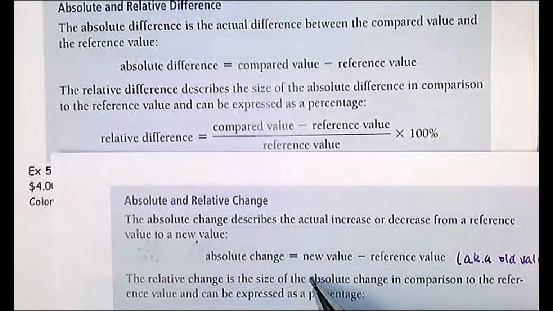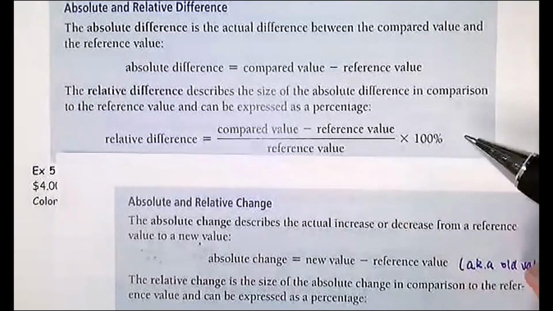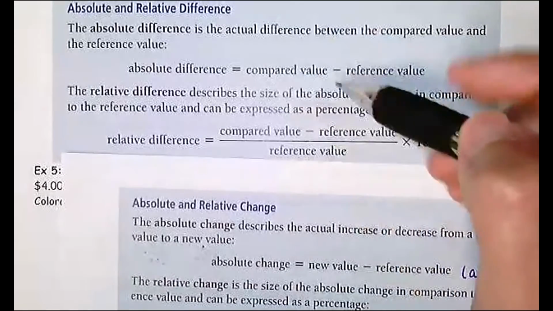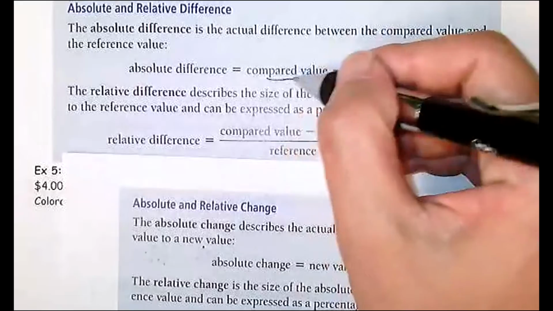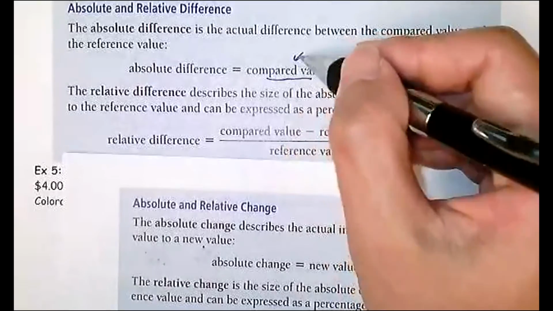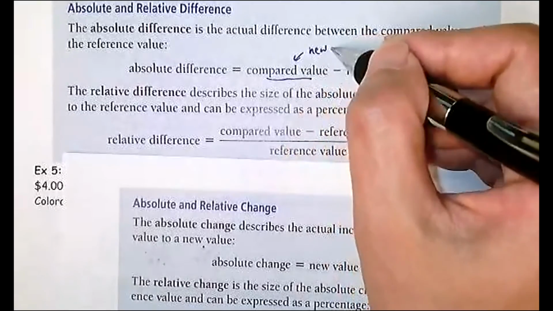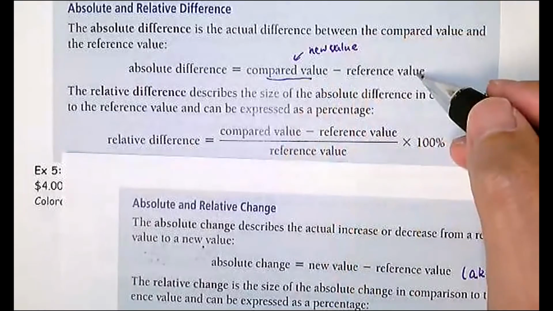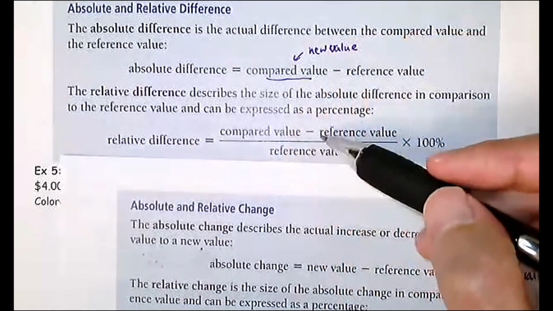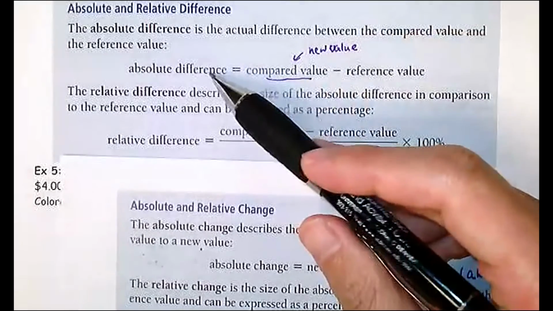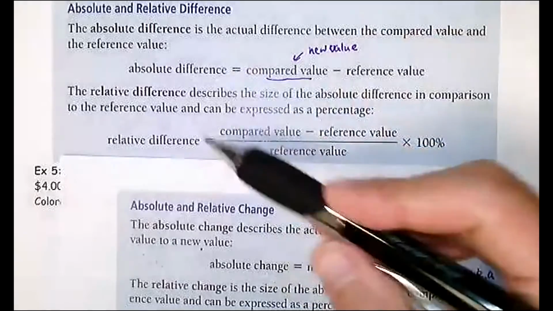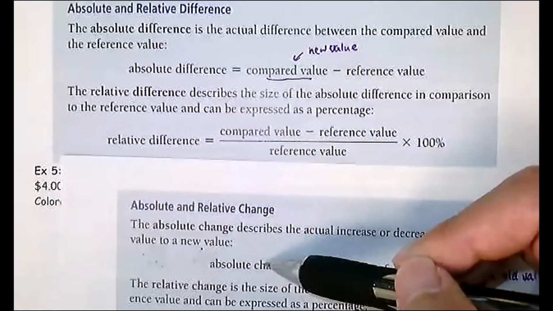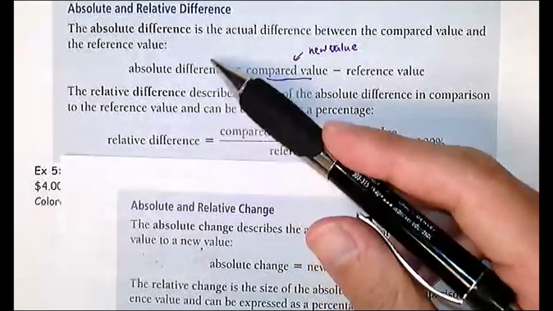The only issue is that this wording is so much more verbose. This guy is just the new value. Everything is the same. Reference value is still reference value. Absolute change is just absolute difference.